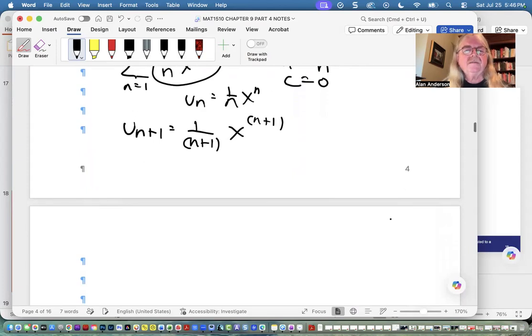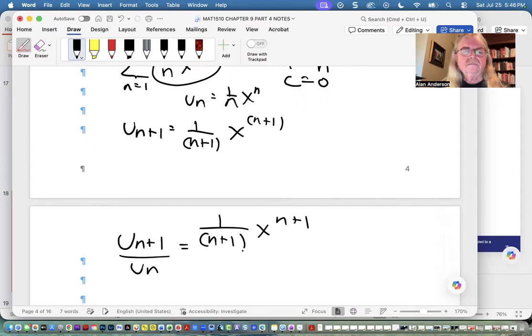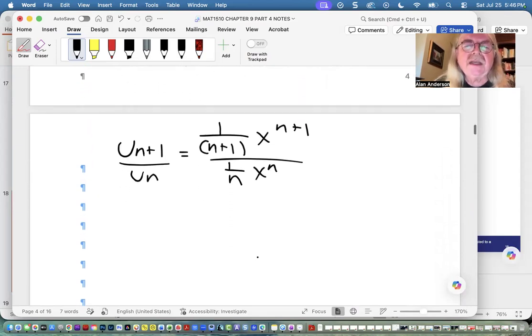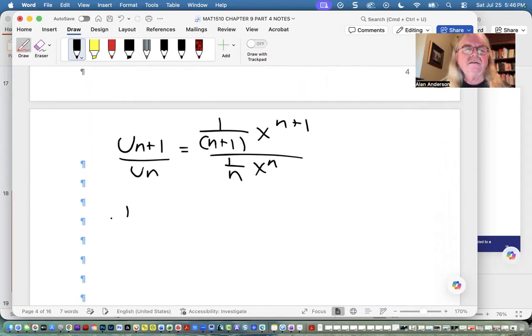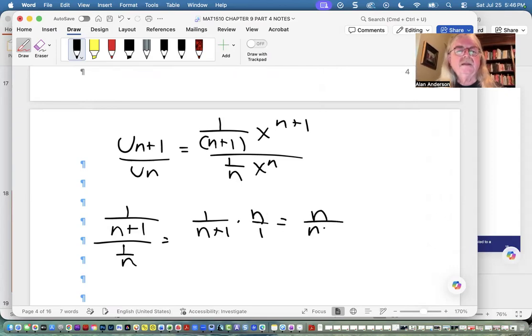And that ratio, so we can see what's going to happen with the x's. We can rewrite this as 1 over n plus 1 times n over 1. So we end up here, and then we take the limit.